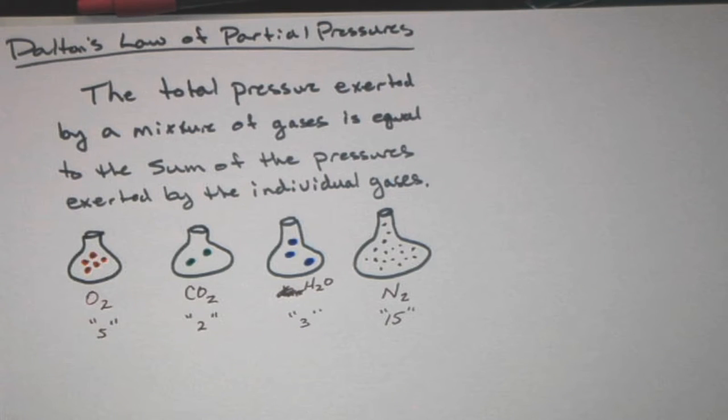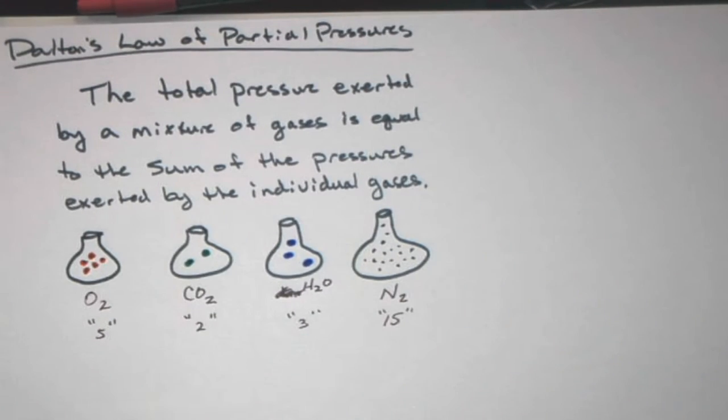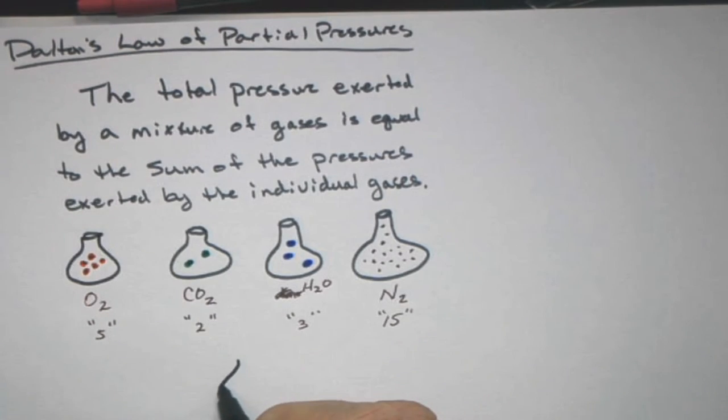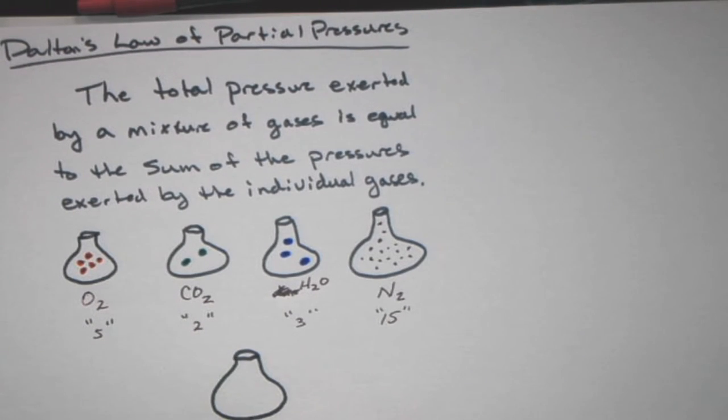So now we're going to take this flask, but we're going to cram all of these moles into the same flask. We create the flask, we want it the same size, roughly. This is going to be our oxygen and our CO2 and our H2O and our nitrogen.